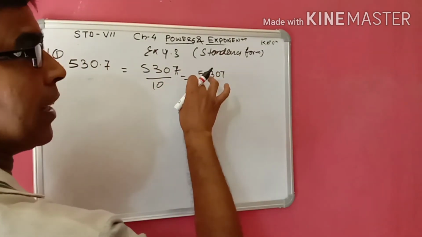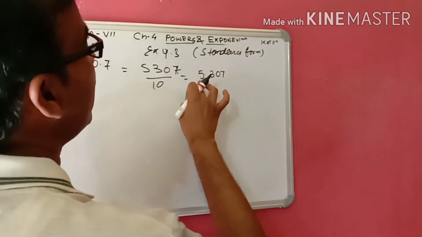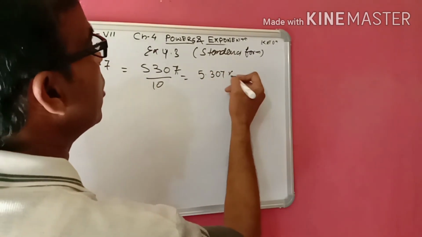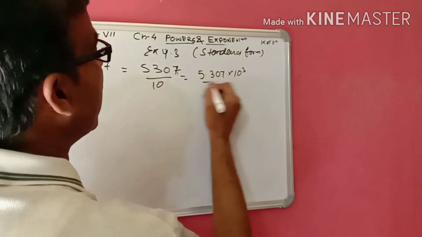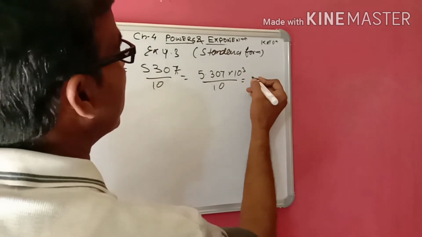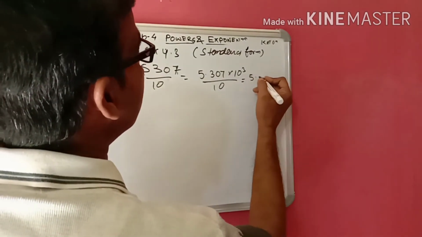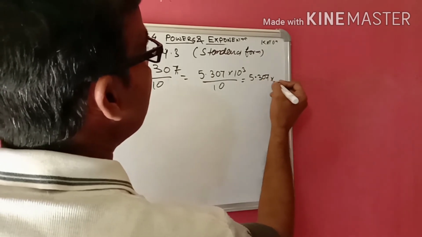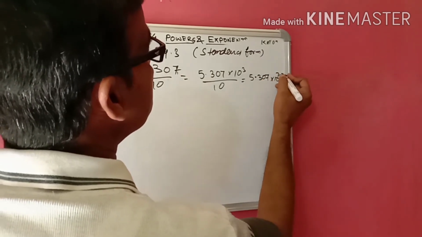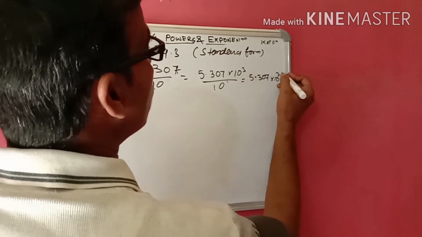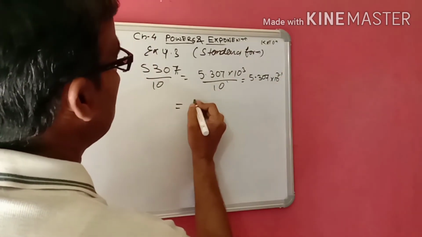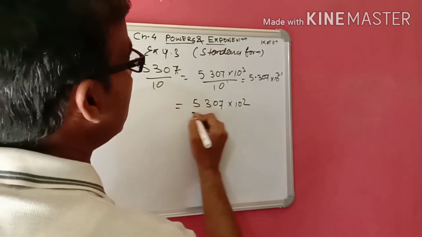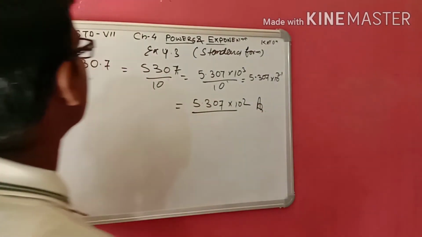Here it is 5, so k is greater than or equal to 1 and less than 10. So I can write 5.307 into 10 to the power 3 minus 1, therefore 5.307 into 10 to the power 2. This is your required answer. Write it down please.